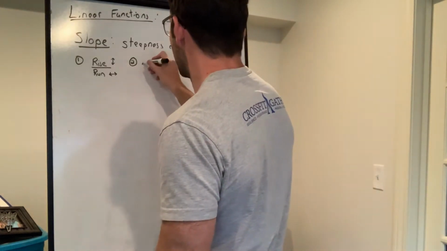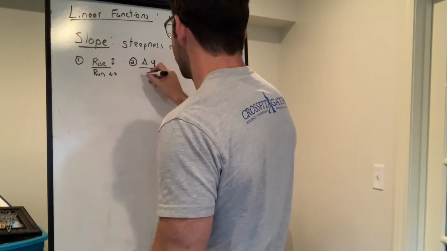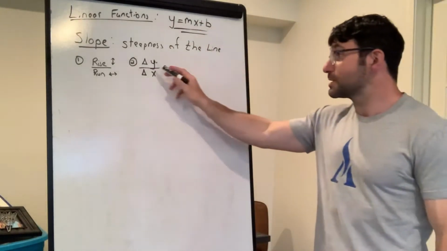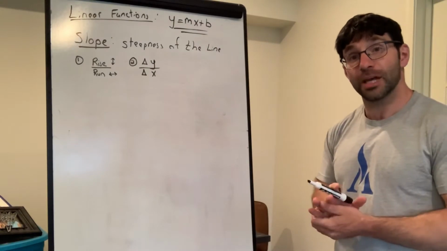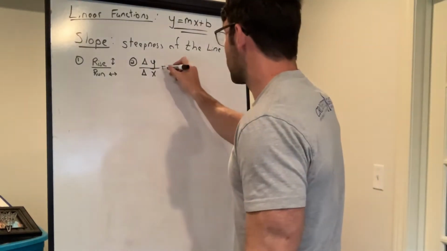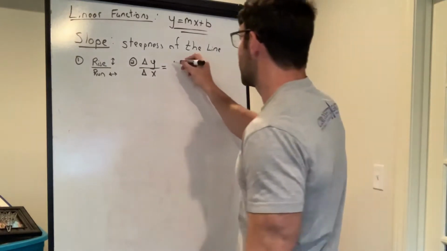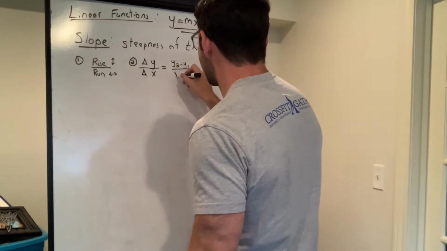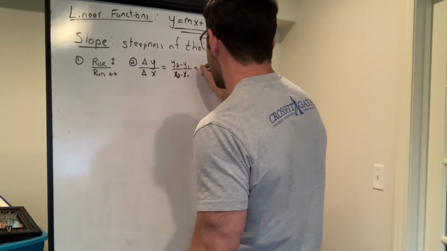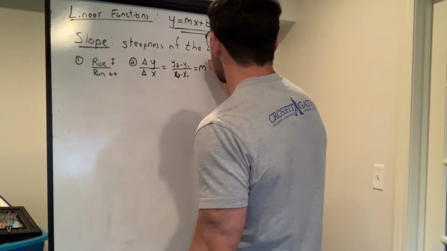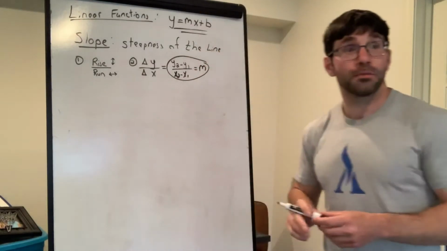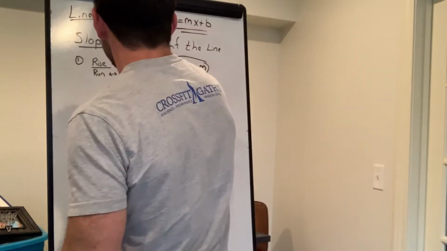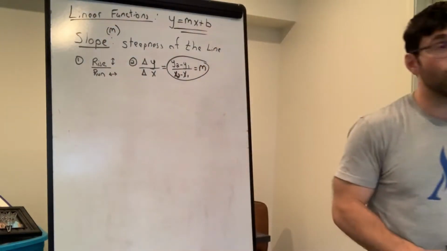In very high level math, we have delta y divided by delta x, which means the change in y divided by the change in x. What we really are going to use is the equation y2 minus y1 divided by x2 minus x1, which is equal to m. And if you remember from the first video, m is another way of saying slope.